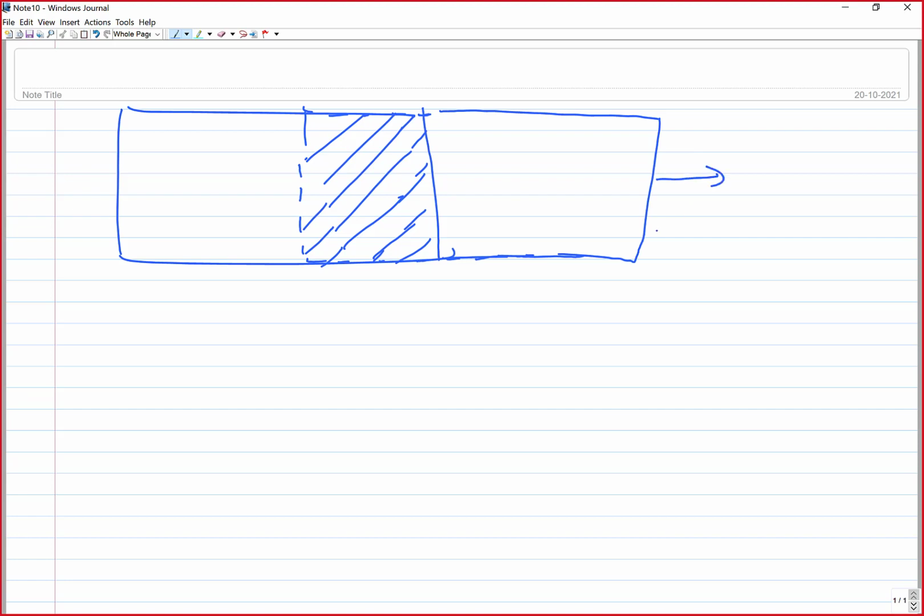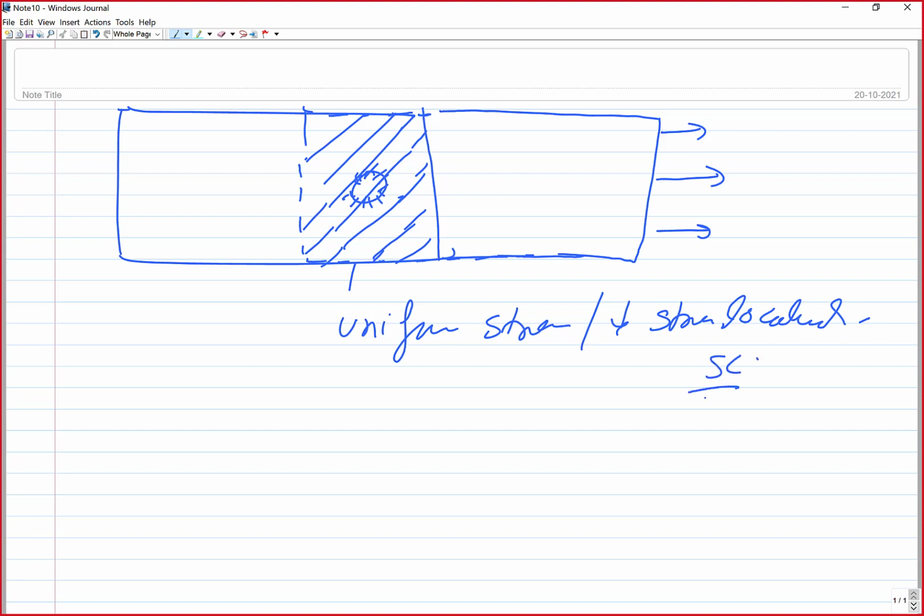Unlike spot welding, where the stresses get localized around the spot, in adhesive joining the stresses are distributed across the section. So basically, we say uniform stress distribution. This in turn reduces stress localization or stress concentration, and improves the fatigue life significantly.